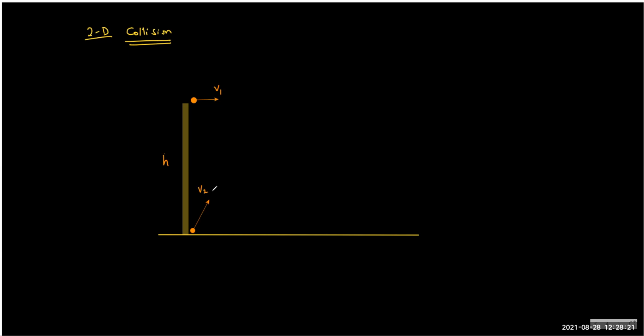Now, what is the actual path? Like actually, what you can see, and the actual path of this is, and it is found that they actually collide at point P.